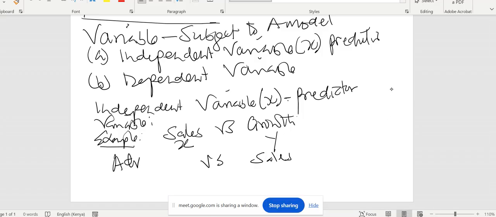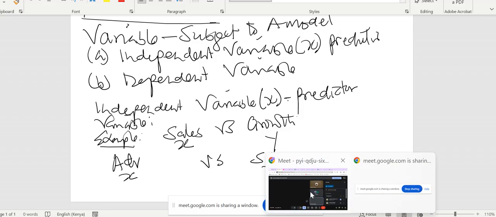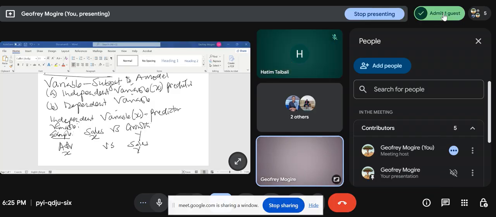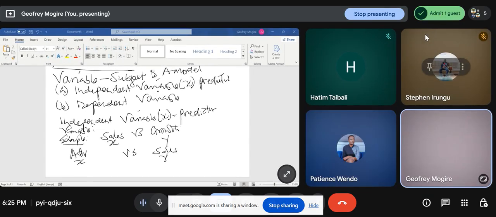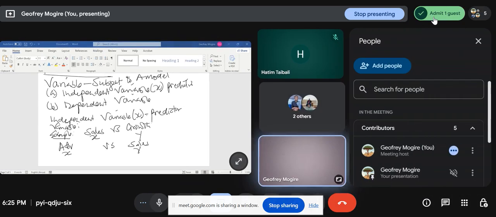So advertising becomes X, and sales changes to Y. Those are perspectives you can get. We don't want to cram this. You only need to get the concept that when you're given a question, what predicts the other? That is where we can have those variables interchanging.